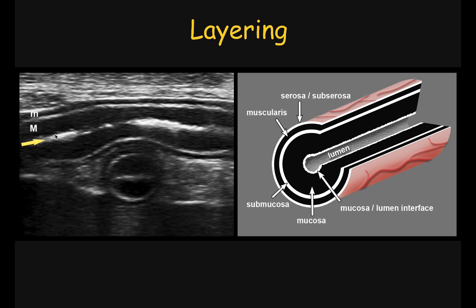The mucosa is then bordered by a discrete hyperechoic layer that represents the submucosa. The muscularis layer is also nearly anechoic, but much thinner than the mucosa. And finally, we have a hyperechoic outer layer that represents the combination of both the subserosa and serosa.